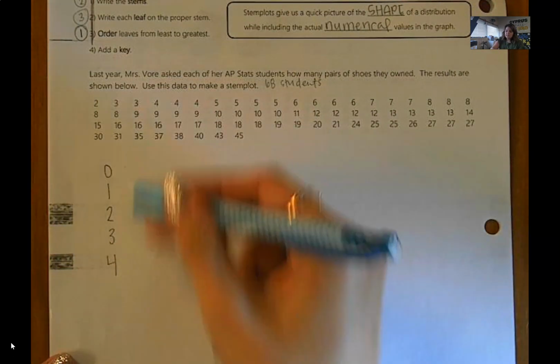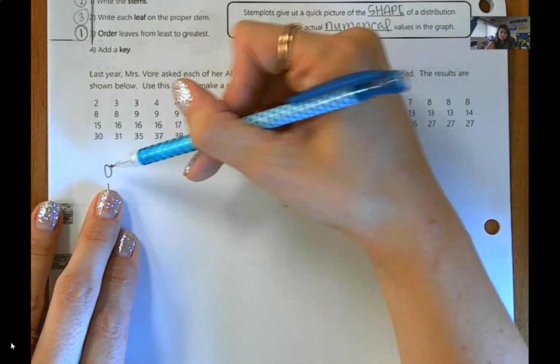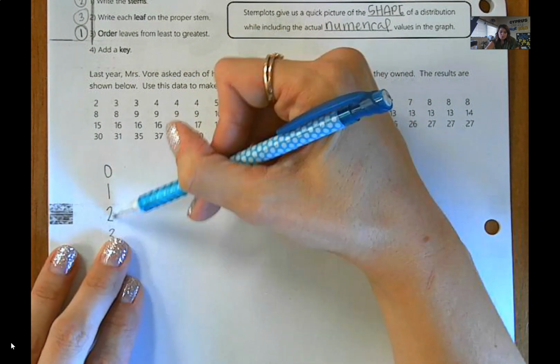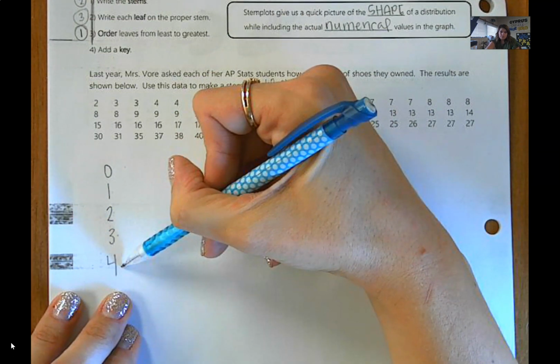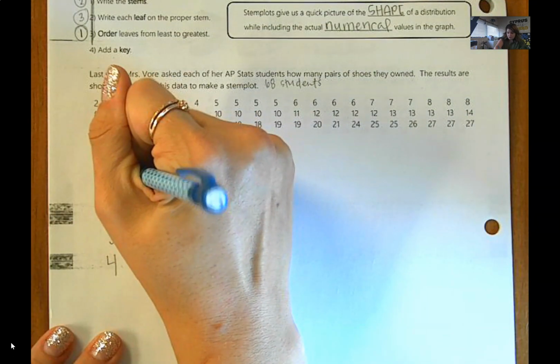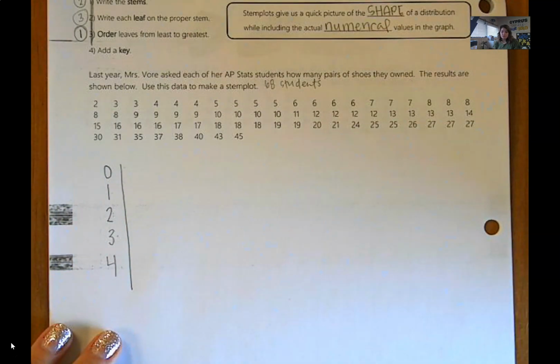So what these stems represent are the data values between 0 and 9. This one is the data values between 10 and 19, 20 and 29, 30 to 39, 40 to 49. We draw a line separating our stems from our leaves.